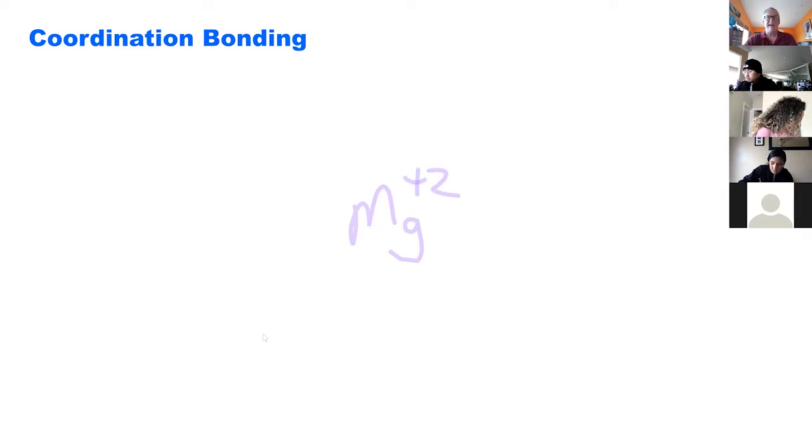So basically magnesium, we can see, is in the third row. So it's the second element in the third row of the periodic table. And we remember that in the periodic table, the first row has room for 2 electrons. The second row has room for 8 electrons. And the third row has room for 18 electrons.